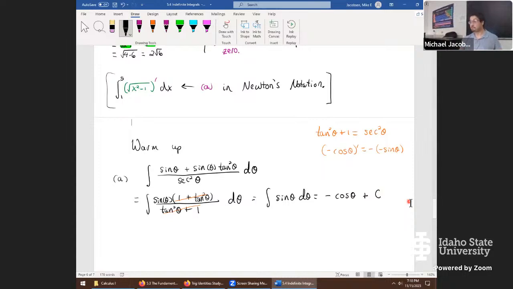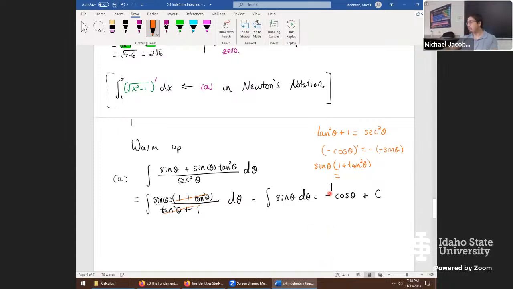Yeah. This one right here? No, so when you did sine theta plus tangent squared theta, you have another sine in there. Yeah, there was sine both here and here. And if we take a look at this line down below, you could write out sine theta multiplying 1 plus tan squared theta.